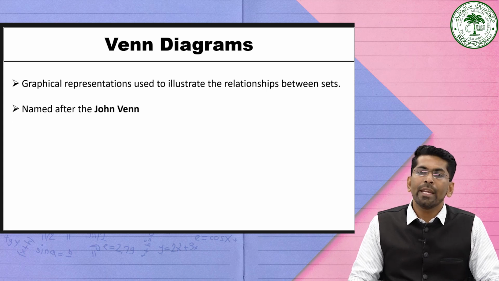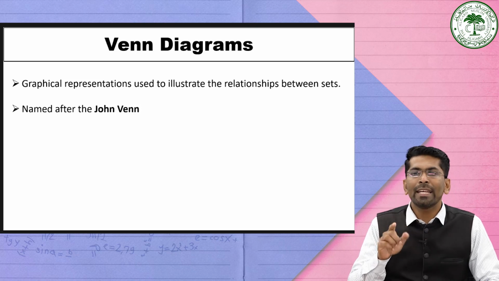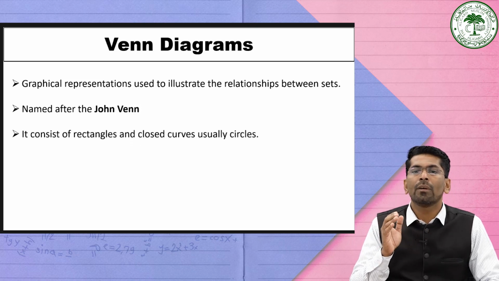And this Venn diagram consists of rectangles and closed curves, usually circles.